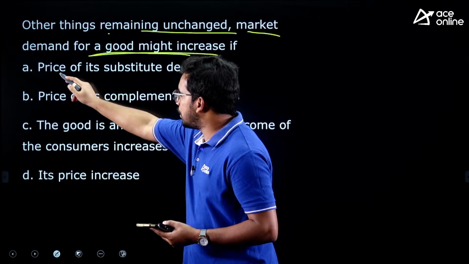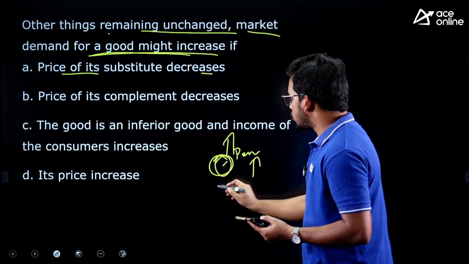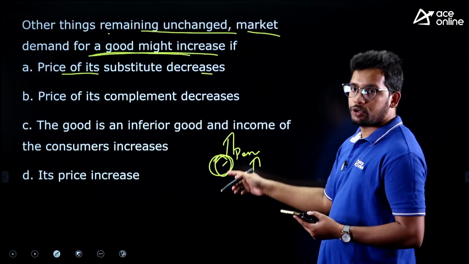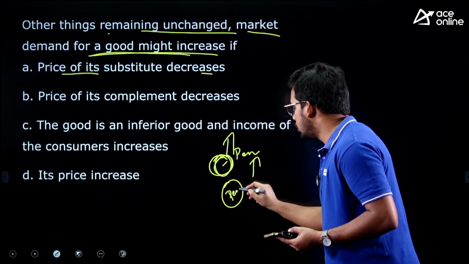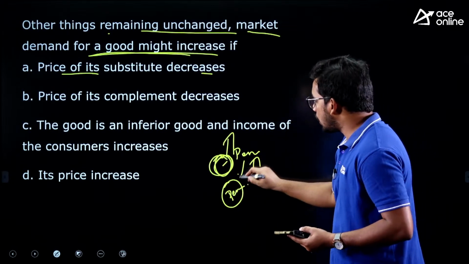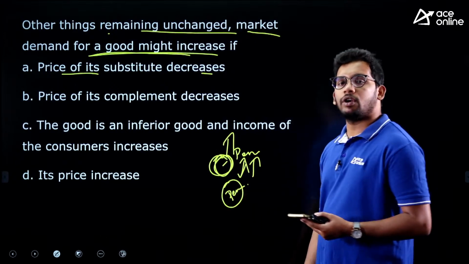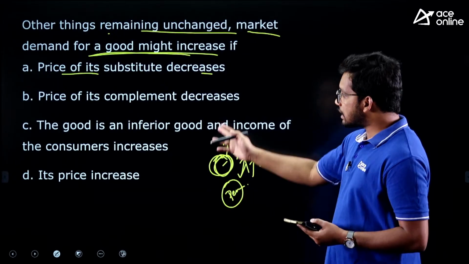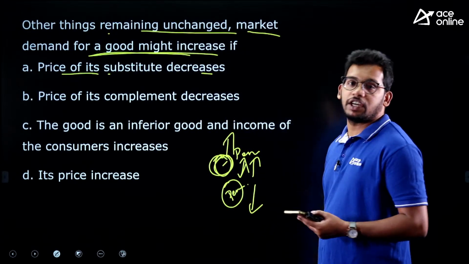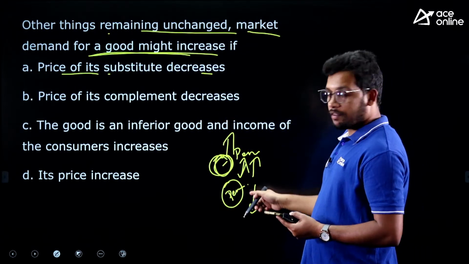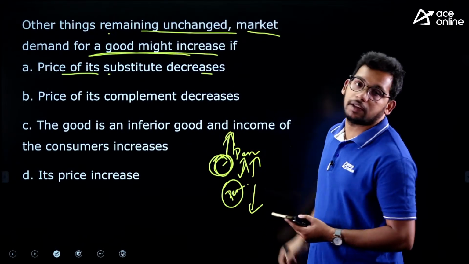The first statement they have given is that the price of its substitute decreases. Substitute means if you are not using a pen, you can go with a pencil. So these are substitutes. They are saying the price of the substitute decreases, so the pencil cost is decreasing. Does the demand for pen increase?